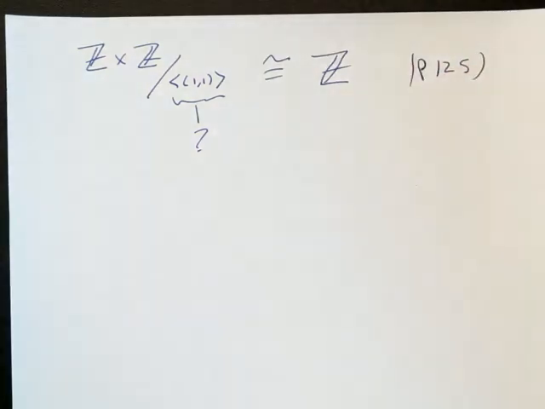Now, what if I didn't use 1, 1? What if I used something else? It'd be the same idea, just with a different slope. Yes, I would get different slopes, but it depends on what number I use.